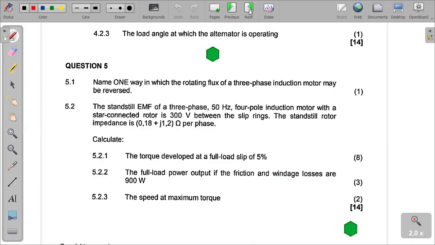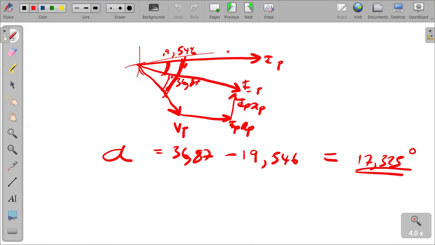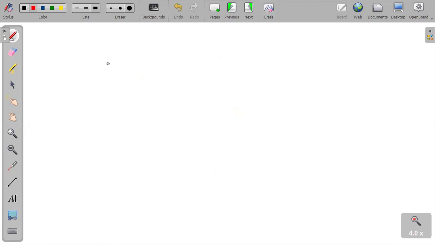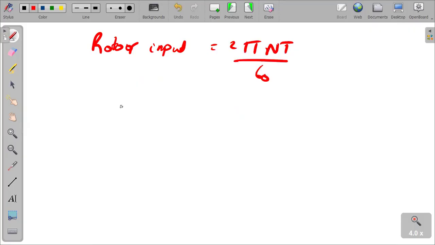So I'm going to answer that question. The rotor input is equal to 2 pi NT over 60. That's our formula there. Having understood that, we can use it to determine the rotor input.